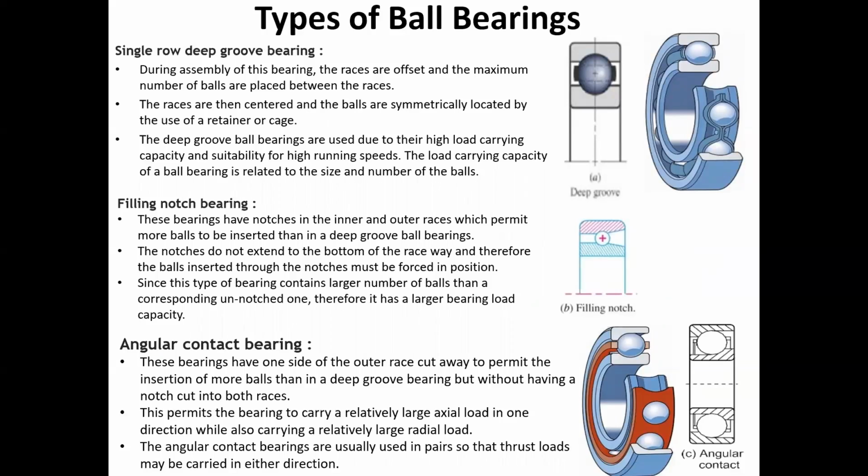So the first type of ball bearing is the single row deep groove ball bearing. If you see this, the single row deep groove ball bearing has a deep groove which holds the balls, and in this type of bearing we put as many balls as possible in the inner race groove, and at the time of assembly the outer race is offset from the inner race.